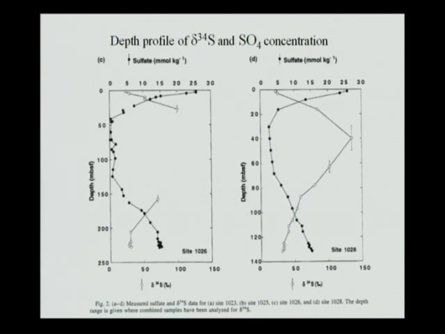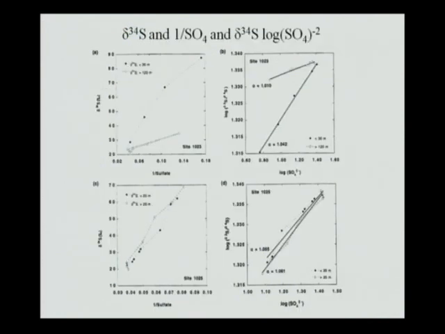So something is happening here, and there is a difference between the upper profile and the lower profile, and one can do lots of things with it. Calculate the fractionation or the systematics. You see, it's almost a linear relation between the delta 34 and 1 over the concentration, the reciprocal of the concentration, in the upper part, in the lower part, and here it is very similar.